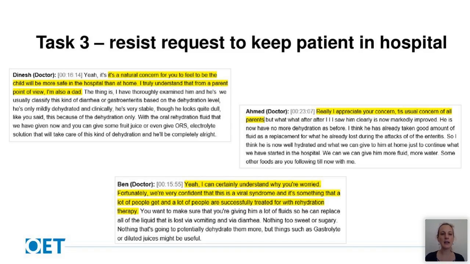And the last example, the doctor again is saying, I can understand why you're worried, but then sort of goes further and says, we're very confident this is a viral syndrome and it's something that a lot of people get and successfully treated with. So again, validating the concerns while also reassuring them that it is safe for them to take the boy home.